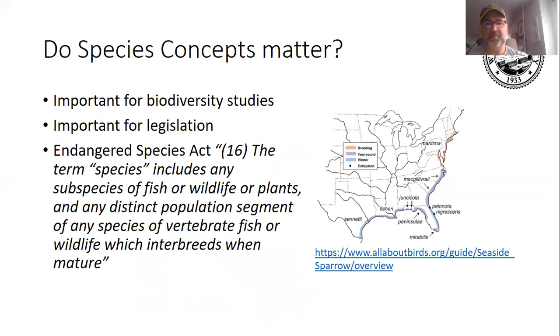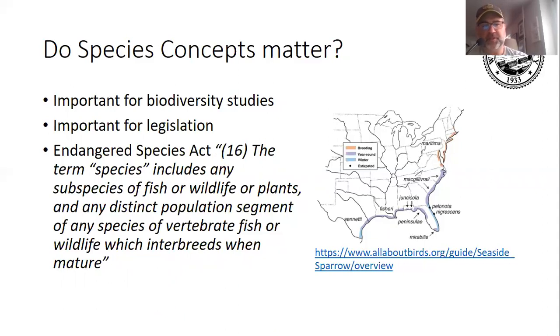Do species concepts matter? Absolutely. It's important for biodiversity studies, as I mentioned on the first slides. It's important for legislation. And I mentioned the Endangered Species Act. So there's quite a bit to unwrap in the Endangered Species Act and the definition of species.